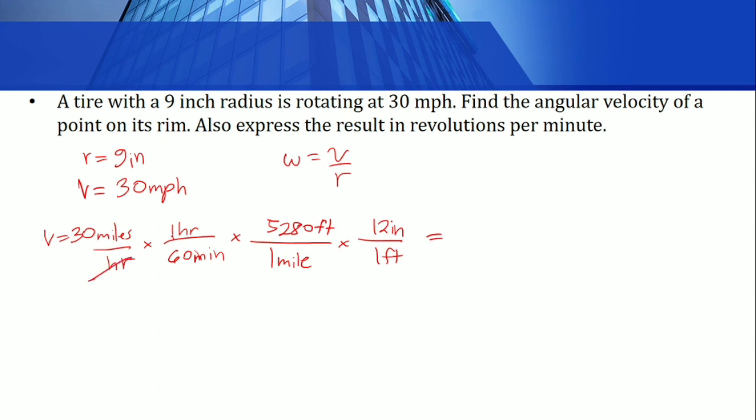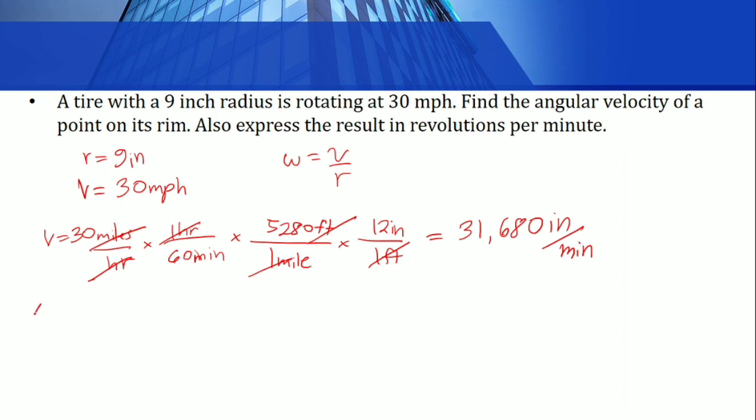So, cancel yung hour doon. Cancel yung hour. Feet, cancel. Feet, cancel. So, mile, cancel. Mile. So, inches per minute na lang yung matitira. So, velocity will be equal to 31,680 inches per minute.